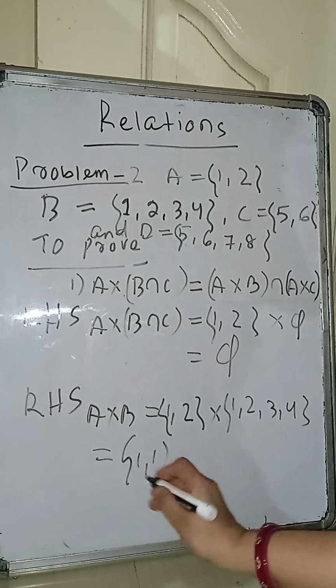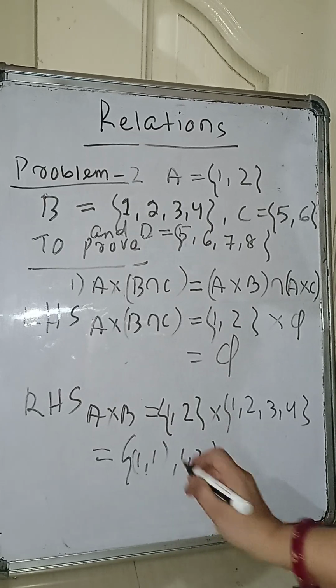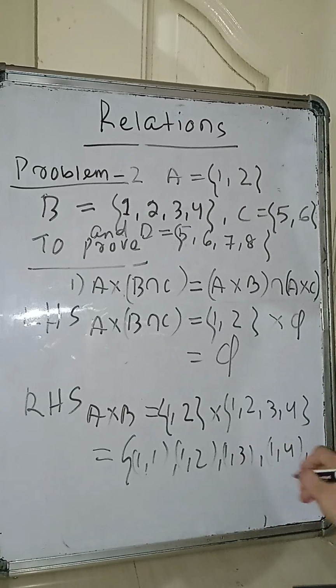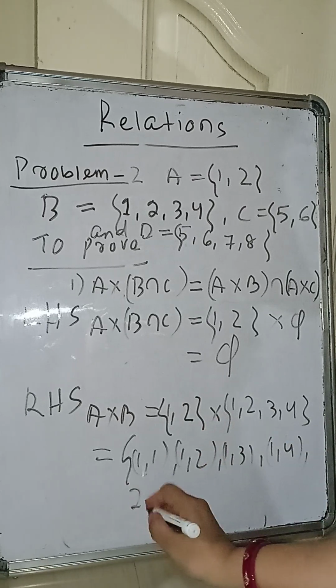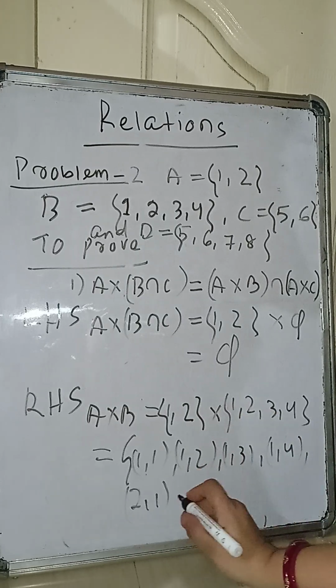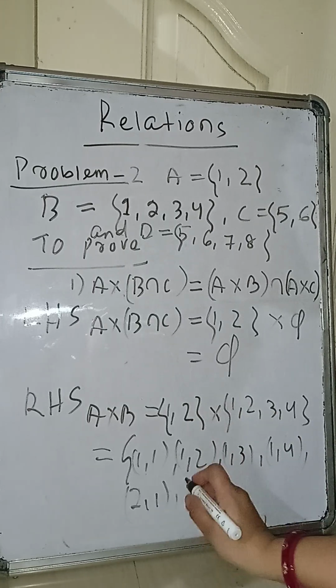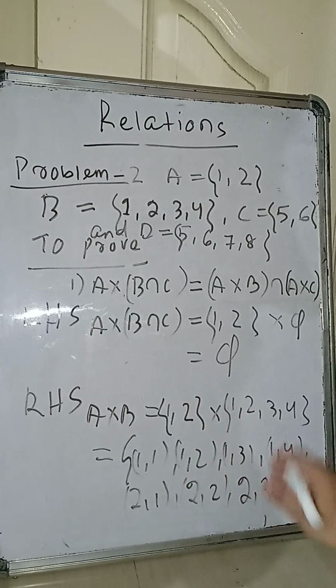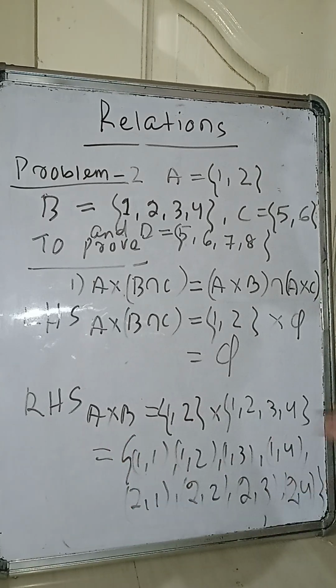So 1 1, 1 2, 1 3, 1 4. Another is 2 1, 2 2, 2 3, 2 4. So this is your Cartesian product of A and B.